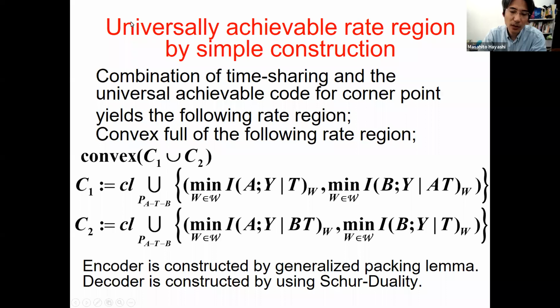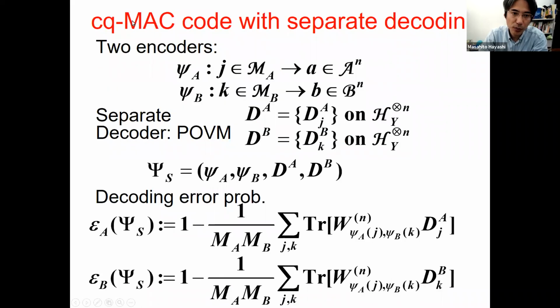But we have some improvement. We can consider separate decoding. Separate decoding is different. The encoder is the same, but on the decoder side, we consider two POVMs, two decoders. Each decoder recovers only one message. So this is Alice's decoder, and this is Bob's decoder for Bob's message.